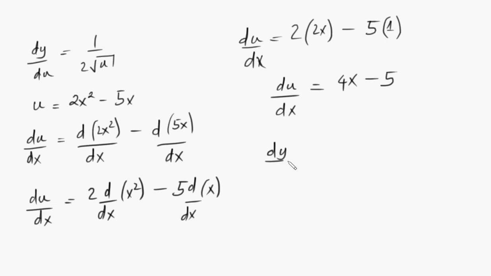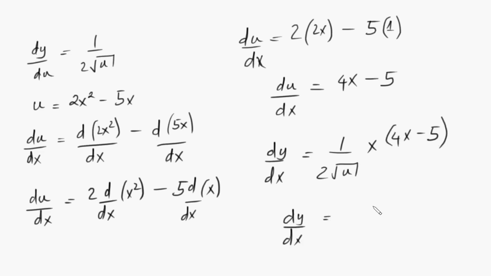So my dy/dx now, from chain rule, we said I take dy/du times du/dx. So dy/du is 1 over 2 radical u times du/dx which is 4x minus 5. So dy/dx will be 1 times 4x minus 5 on top, and below we remain with 2 radical u.